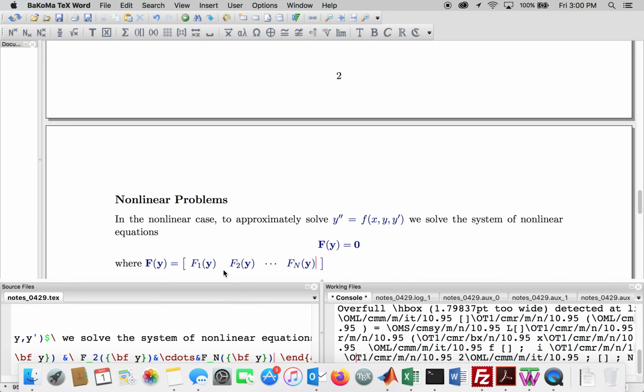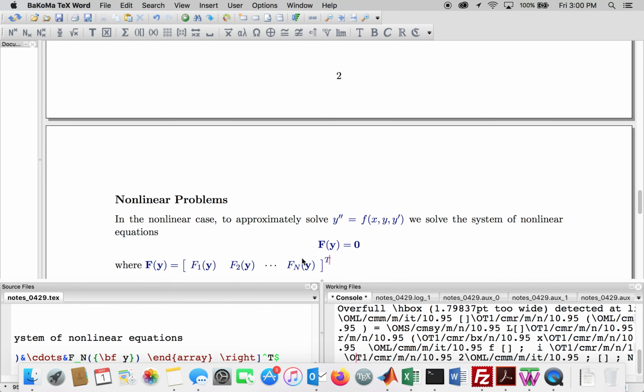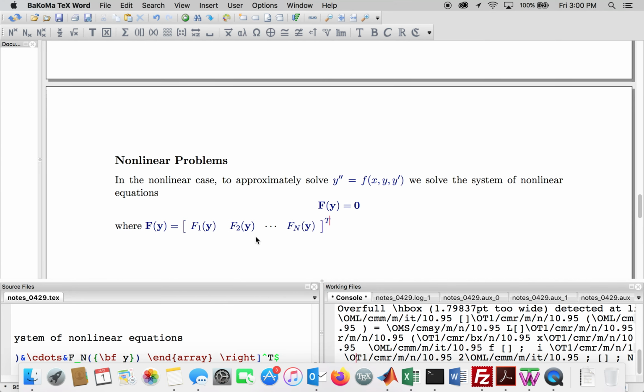Each one of these is a function of the vector y, but it returns a scalar value, and together they all make a vector. And I'm going to put a transpose here because by convention we have vectors being column vectors, but I've written this out as a row.